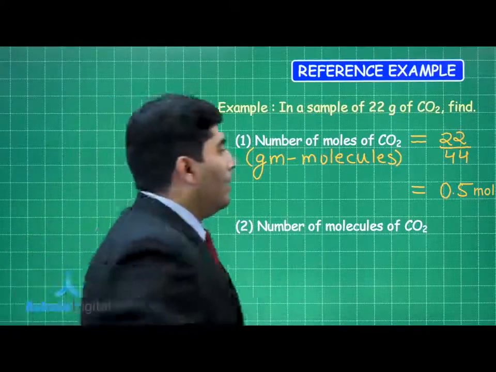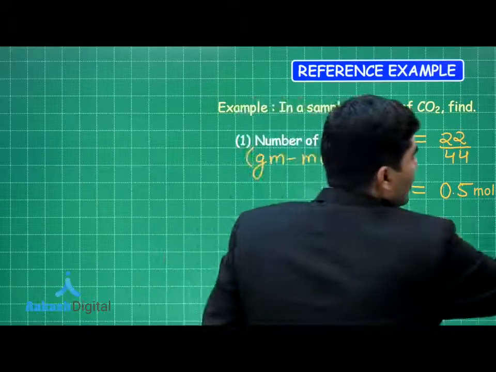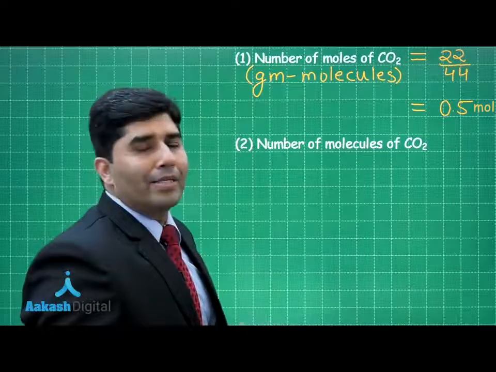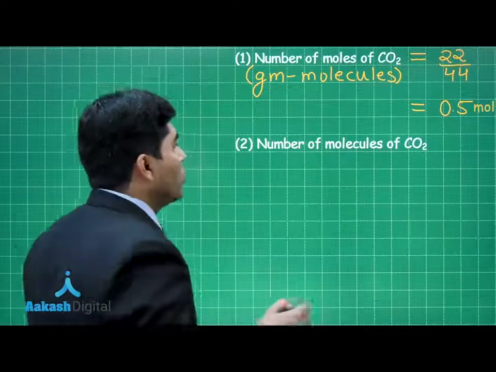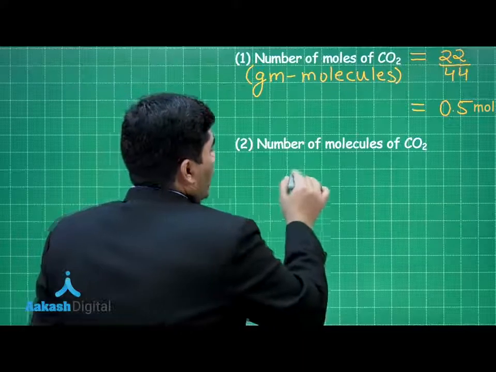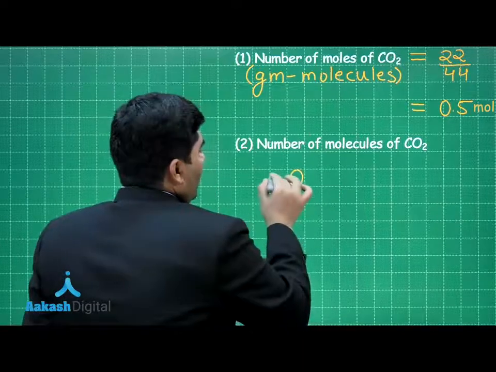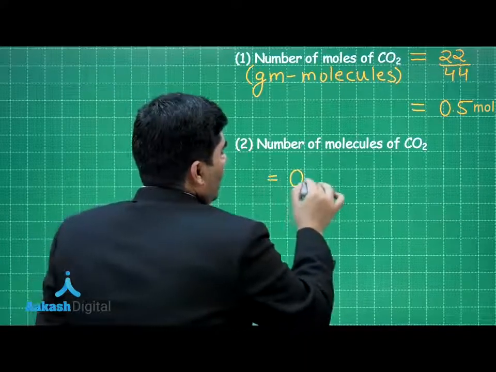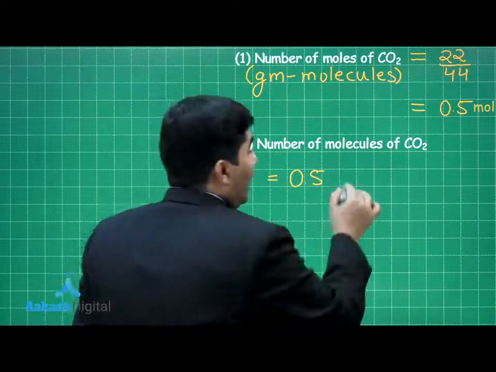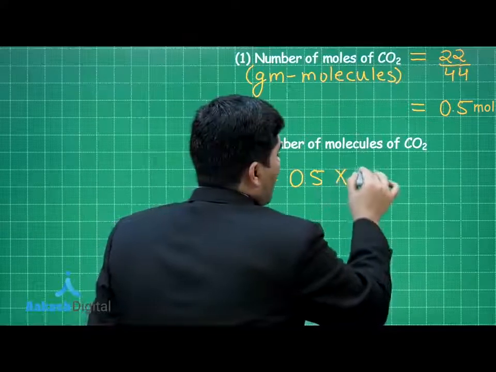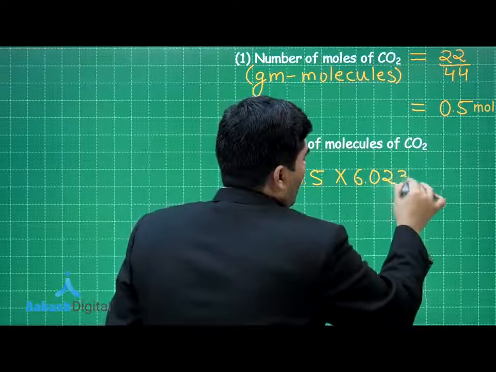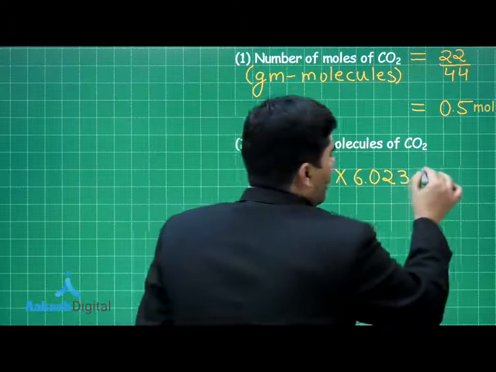Now we know that in 1 mole there are 6.023 into 10 to the power 23 particles or molecules present. So, it will be equal to 0.5 multiplied by 6.023 into 10 to the 23.